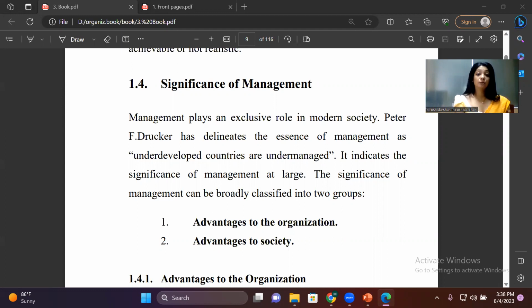If you look into it, you can see management plays an exclusive role in modern society. Peter Drucker has delineated the essence of management as: underdeveloped countries are undermanaged, right? If you now look into Sri Lanka, what happened to Sri Lanka?